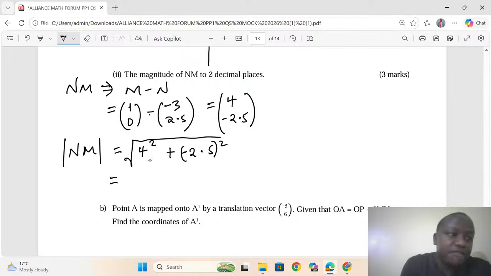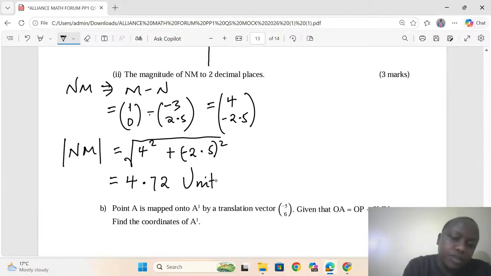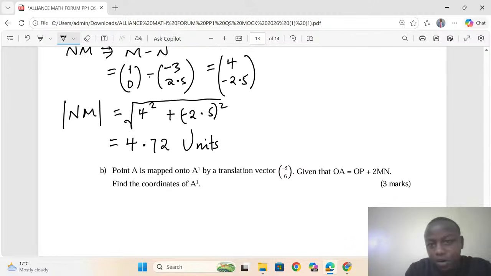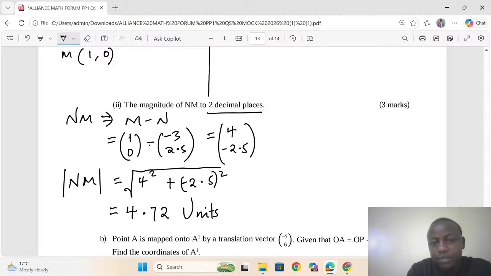I'm getting 4.716, making it 4.72 units. We are following instructions here, 2dp.